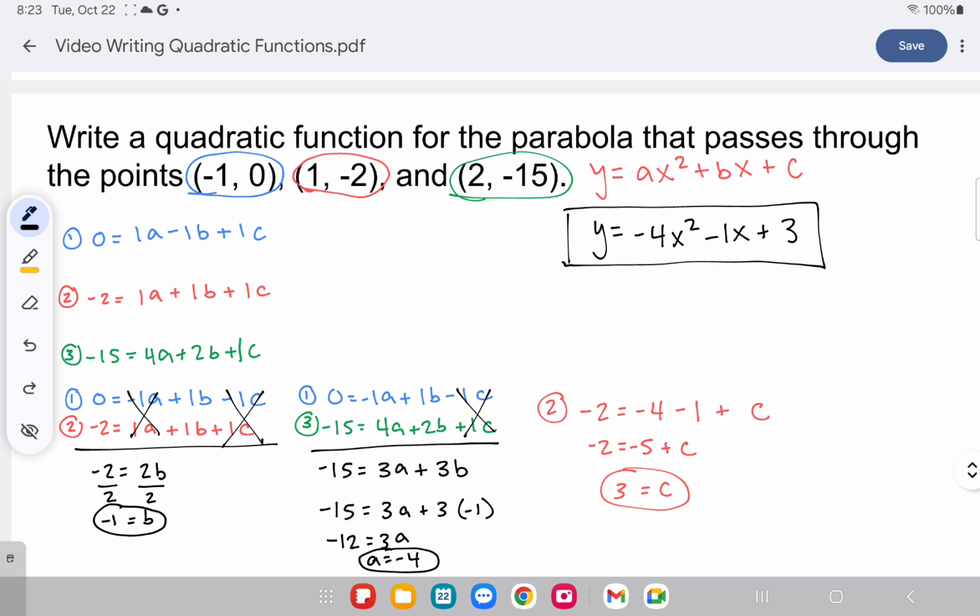So to set up our three equations, we used the 3 points given, one at a time. We simplified the equations, and then we solved a system of equations for variables A, B, and C. Once you have your three variables, plug that back into standard form. All of those points, when you plug them in, should work because they were all on our parabola.